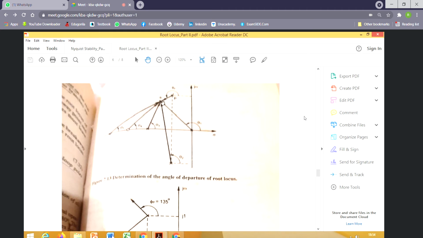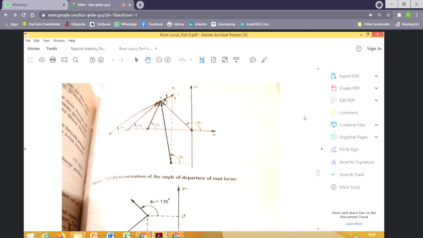So now to find out the angle contributed by all the open loop poles and zeros at this particular trial point, let's construct the phasors. So this is the phasor S0 plus P1. This one say S0 plus P2. So likewise, we construct all these phasors.